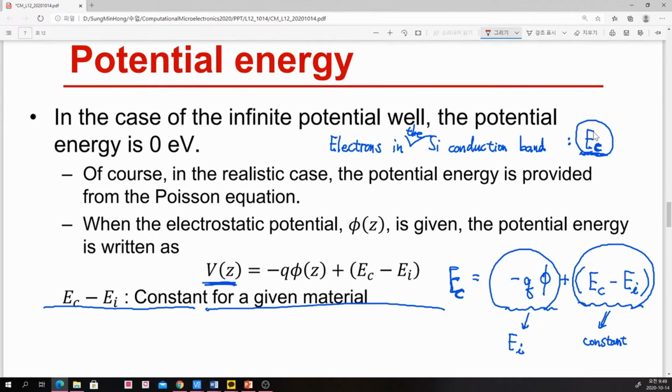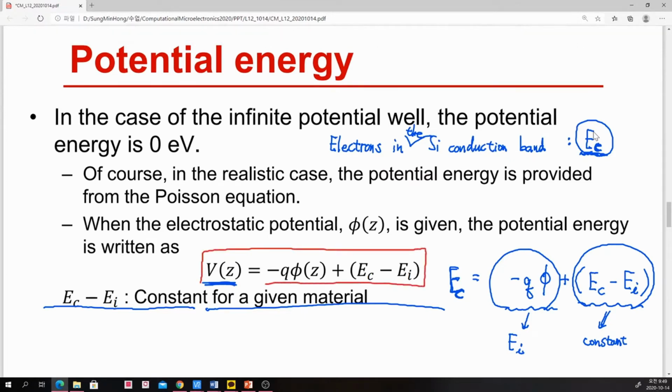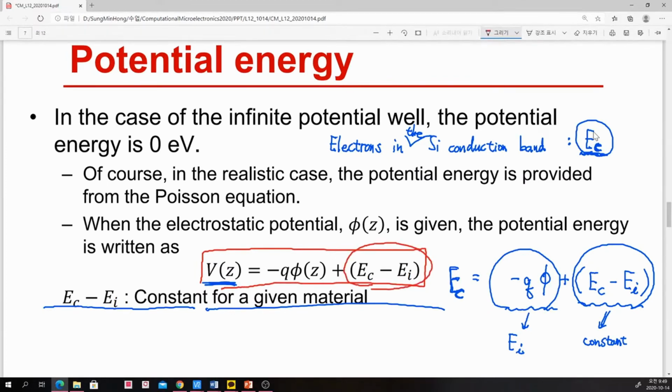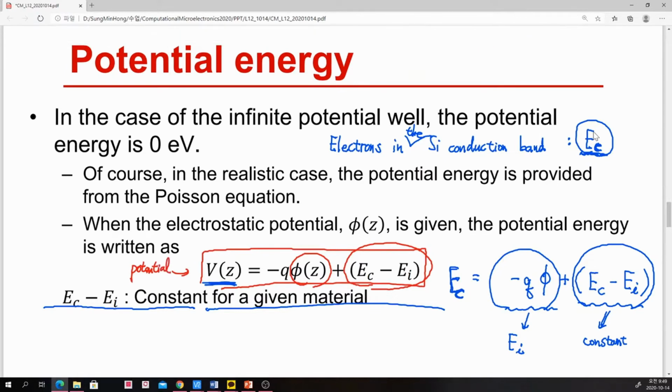When you think about this potential energy expression, since this is a given constant, the only dynamic quantity will be this electrostatic potential. So once we know the electrostatic potential, we can calculate the potential energy, and when the potential energy is given, we can solve the Schrödinger equation.